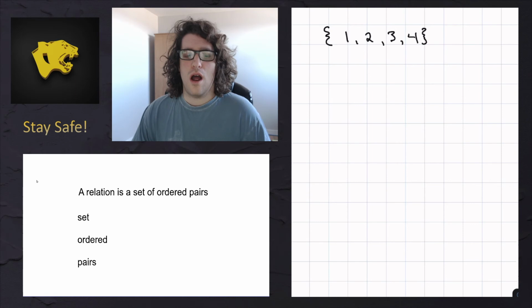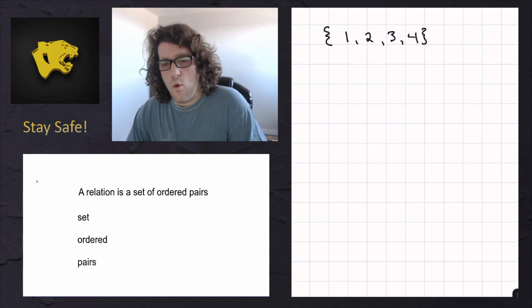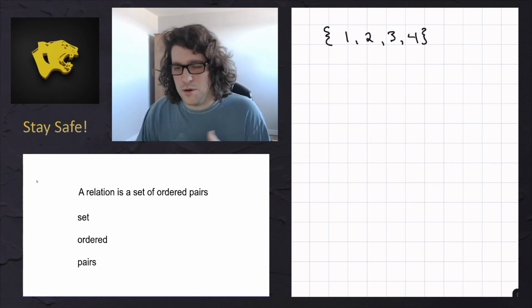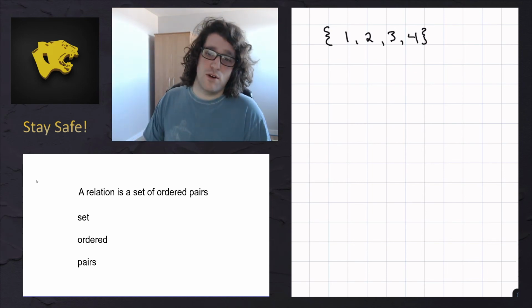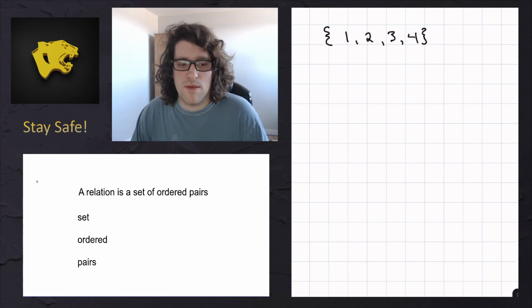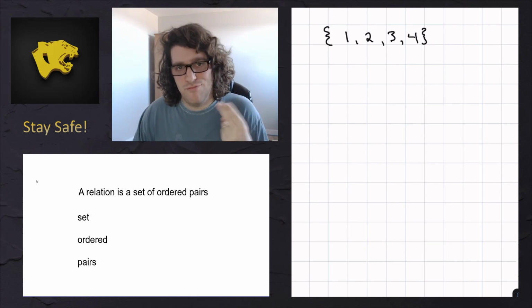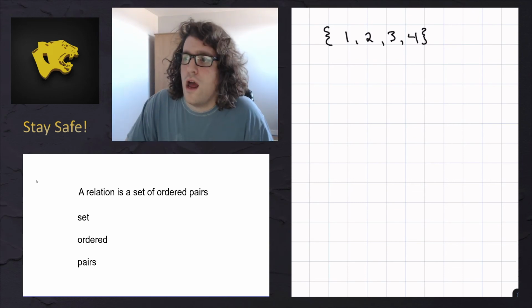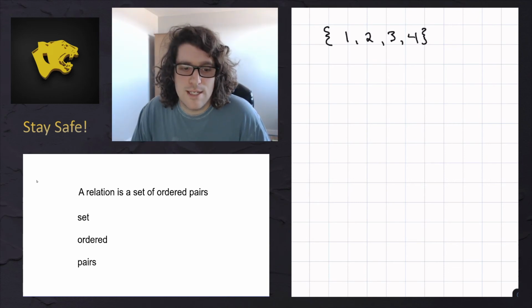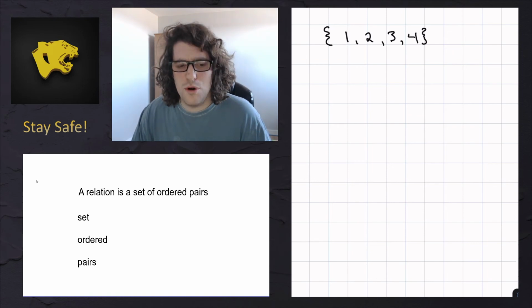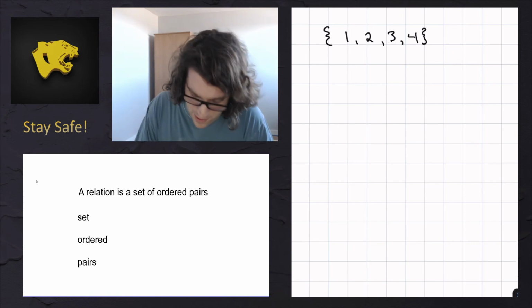And so, ordered pairs. Now, I don't know really why I broke it up into ordered and pairs. Really, I probably should be talking about it as an ordered pair. You probably are pretty aware that a pair is two things that are put together as a grouping.